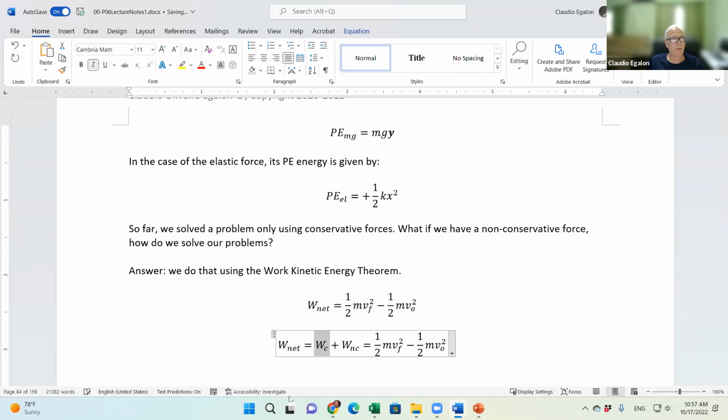Weight is a conservative force. Elastic force is a conservative force. The friction is a non-conservative force. The force that my hand applies on an object is a non-conservative force as well. And that's how you solve problems that involve conservative and non-conservative forces.